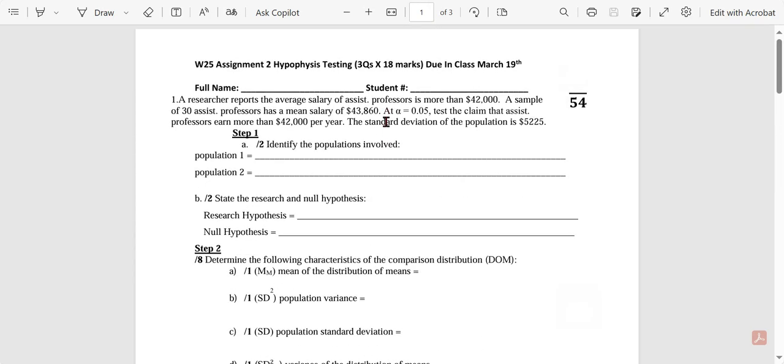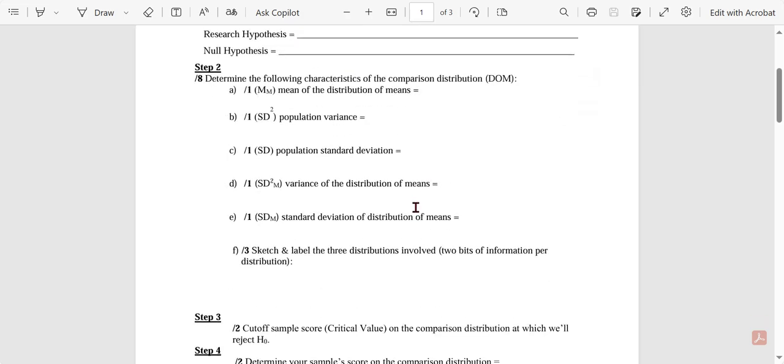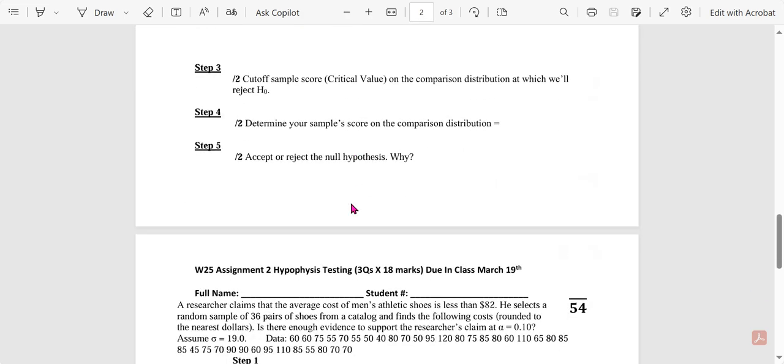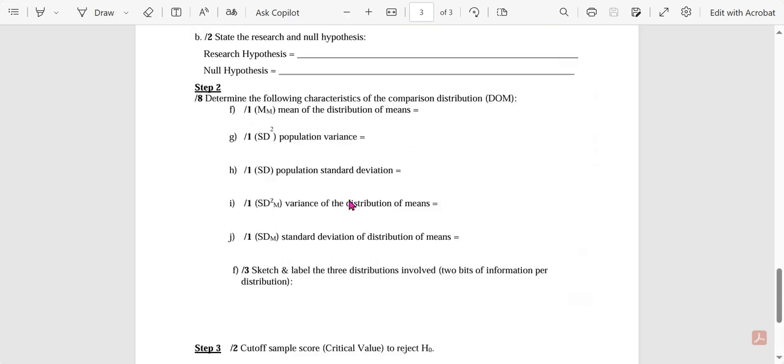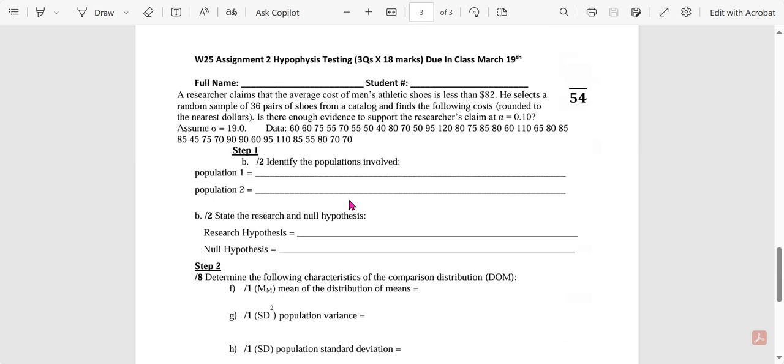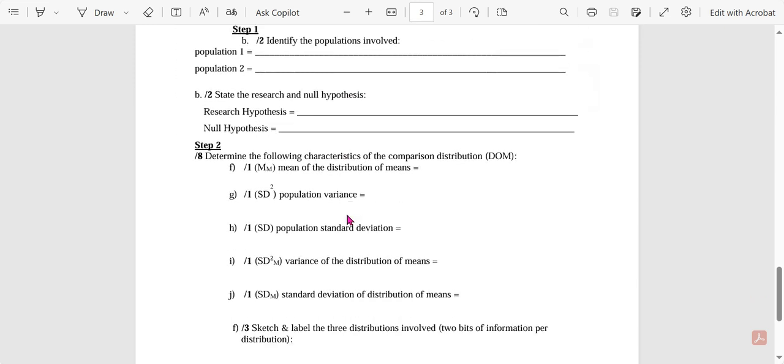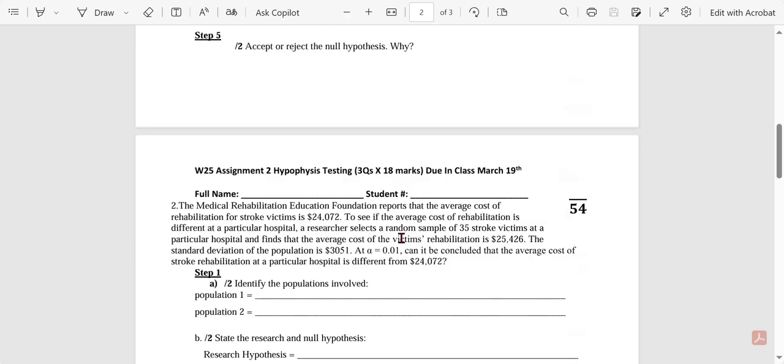Okay, so as I stated in the announcements, there are 3 questions and you can see them right here. This is due in class March 19th, paper copy only. Don't add any extra pages. There's enough room here to get everything done. You may have to use some scrap paper, but everything should be presentable in this format.